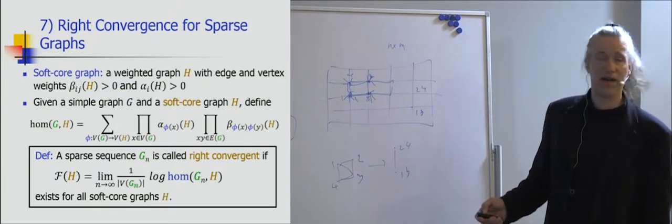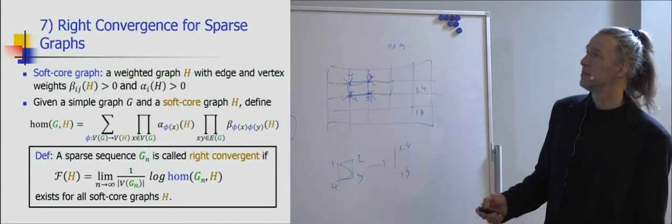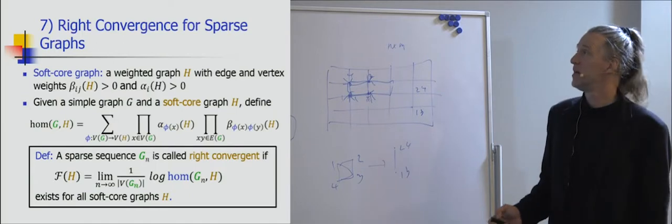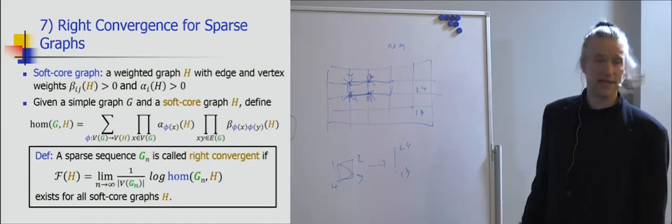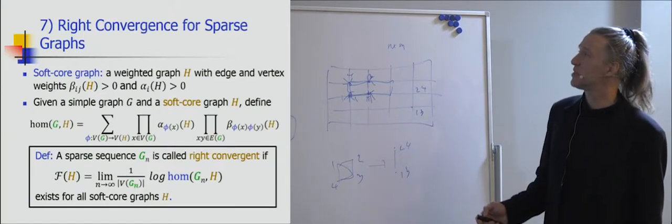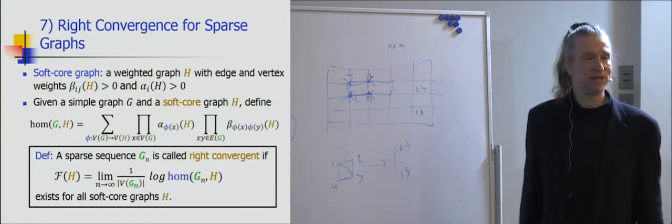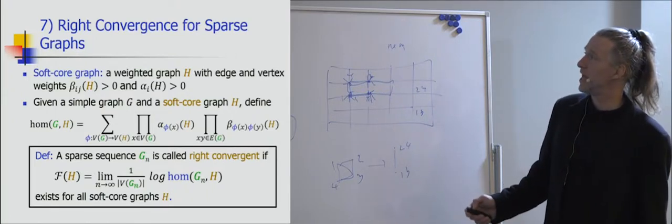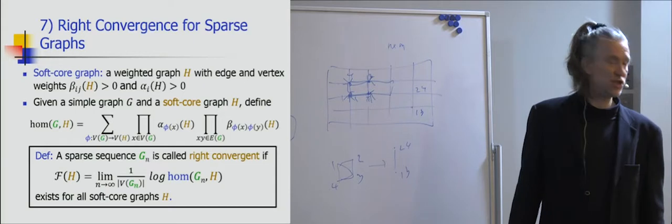Now, why do I divide by the number of vertices? There are exponentially many ways to color. And since the degree is constant, the number of edges is also, maybe it's 2n or 20n or whatever. So this grows exponentially in n.